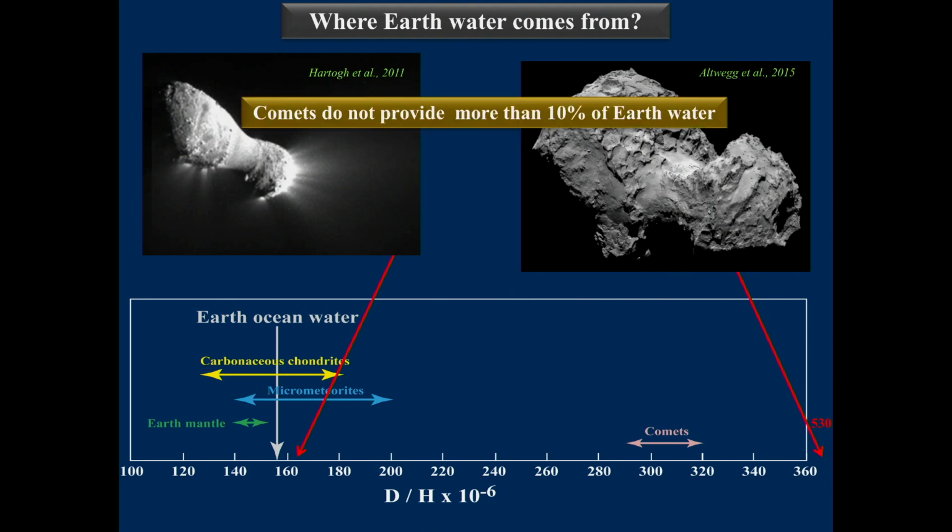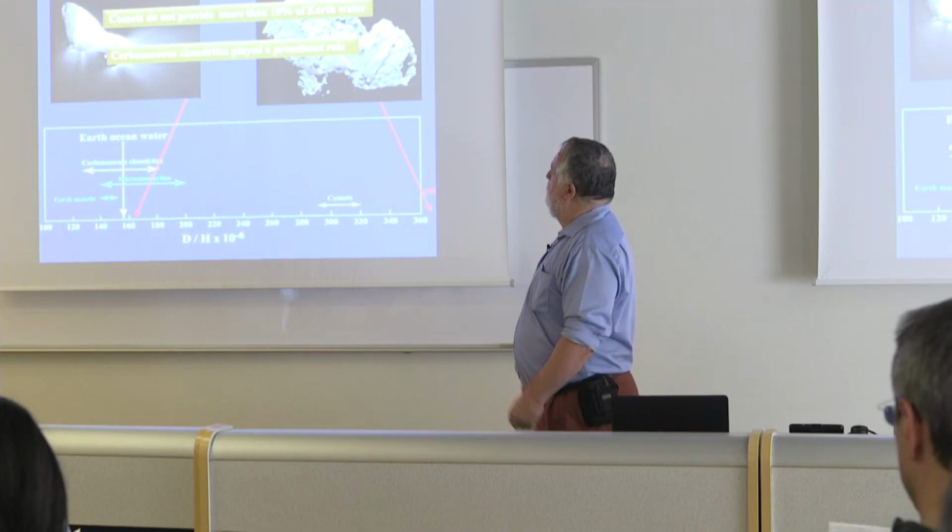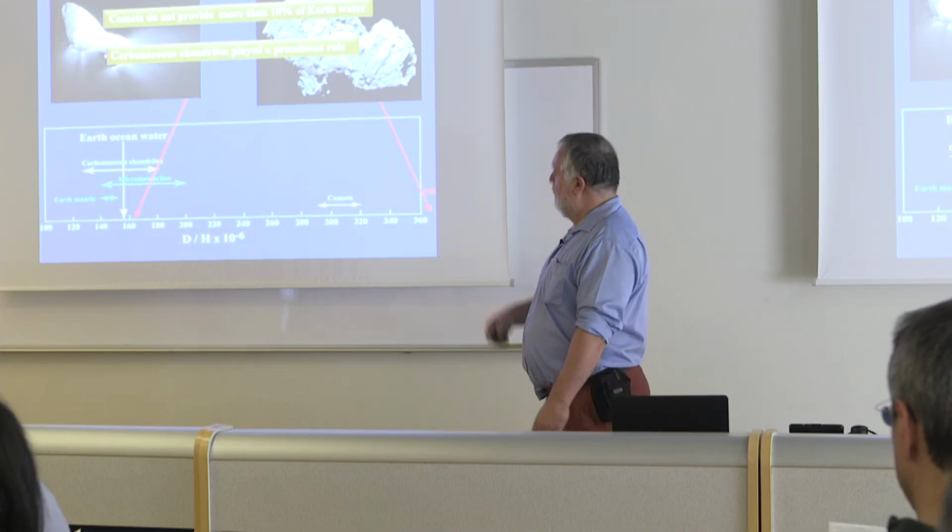And that most of the water is coming from chondrite, some chondrites, carbonaceous chondrite, for instance, that can have provided water to the Earth during the accretion. So in this case, it should have been a very early providing of water to Earth.